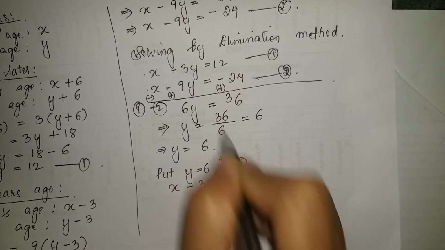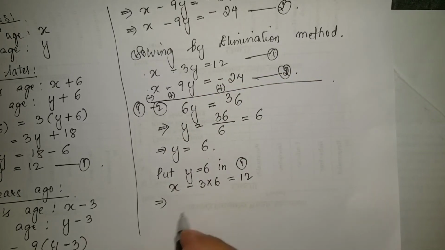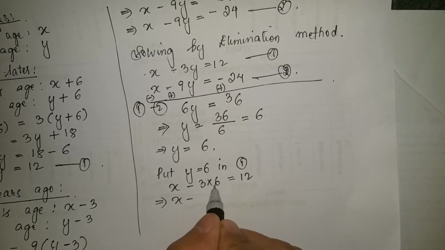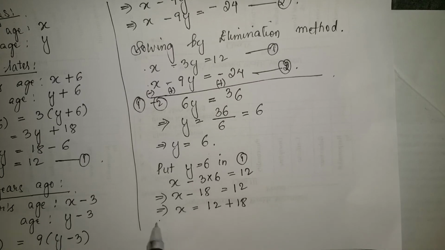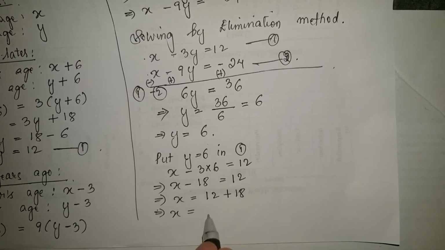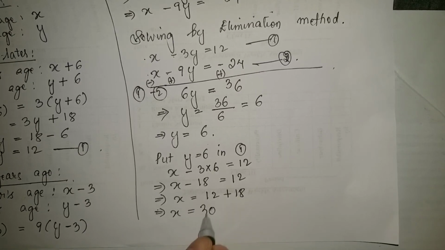So x minus 3 into 6, which is 18, equal to 12. Taking 18 to the other side, it'll be plus 18. This implies x equal to 30.